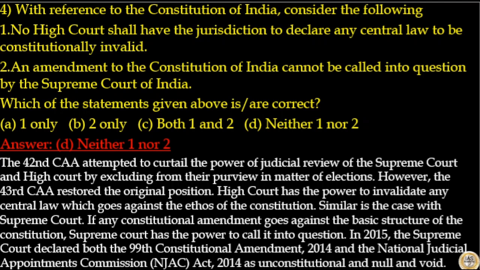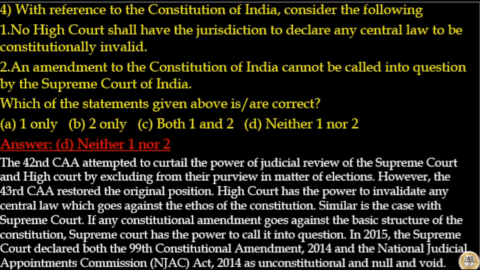The 42nd Constitutional Amendment attempted to curtail the power of judicial review of Supreme Court and High Court by excluding from their purview matters of elections. However, the 43rd Constitutional Amendment restored the original position. High Court has the power to invalidate any central law which goes against the ethos of the Constitution. Similar is the case with Supreme Court.